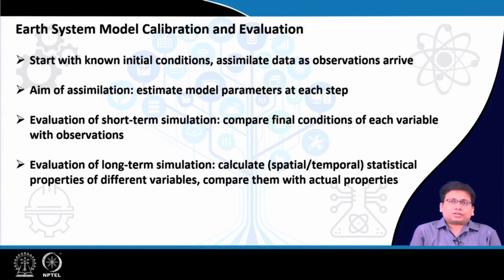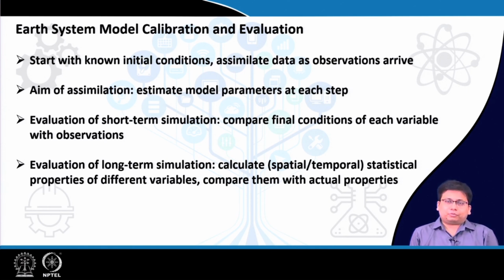Now suppose we have the theoretical basis of a model somehow developed in spite of all these problems. Then first, how do we calibrate the model and how do we evaluate the simulations? One way to do it is with the help of data assimilation. The model will start with certain initial conditions which we may have specified, and then we will allow it to run, but as the model is running, we will keep providing it with observations.